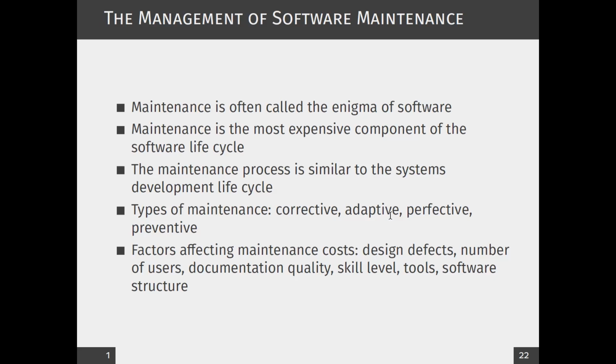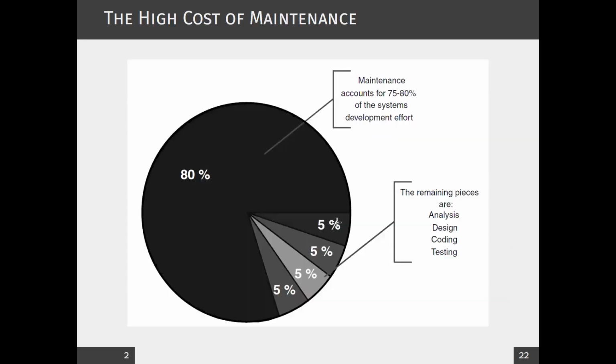Another thing: when you look at design and development, the most expensive component is considered to be the maintenance part. If you look at the cost involved in software development, software analysis, design, coding, and testing, they all take about 20%, but 80% of the cost is taken by the maintenance aspect.